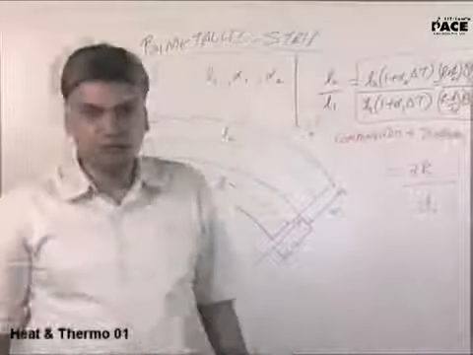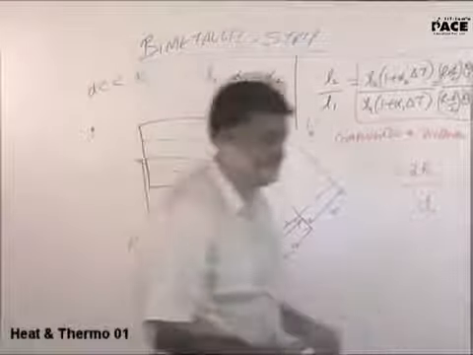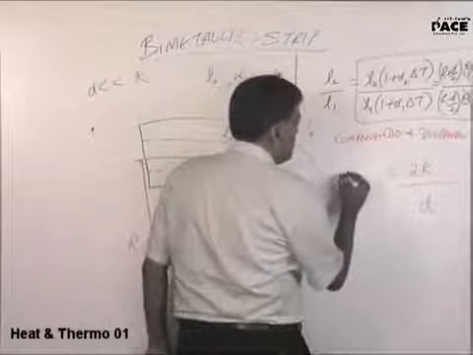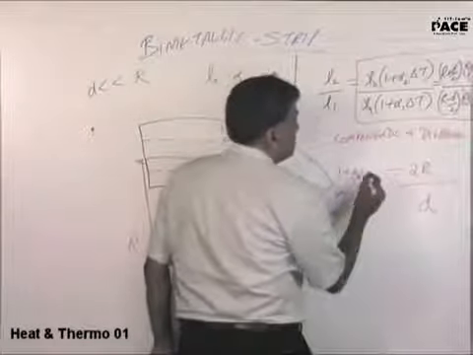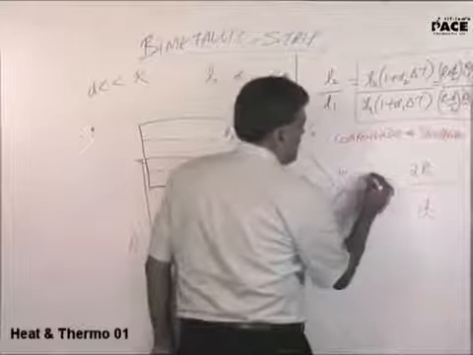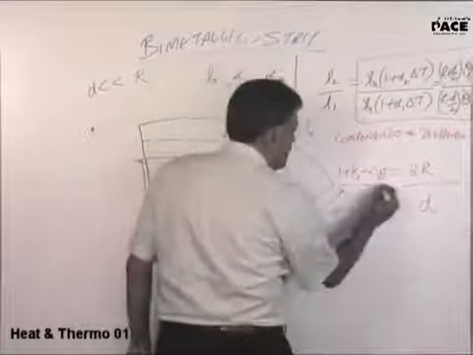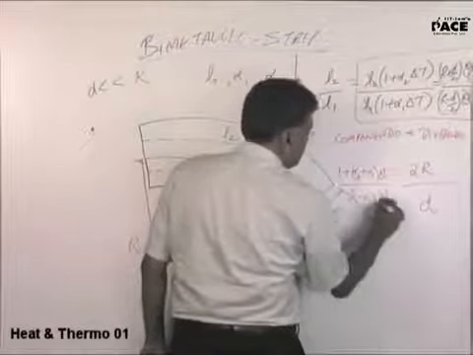Can I say that? Can you write similarly what will be there on the left side? I add up the numerator and denominator. On the top you get 2 plus (alpha 2 plus alpha 1) delta t, upon, if I subtract it, I get (alpha 2 minus alpha 1) delta t.